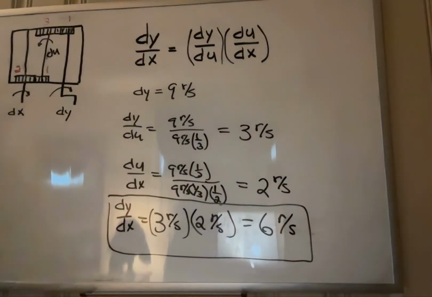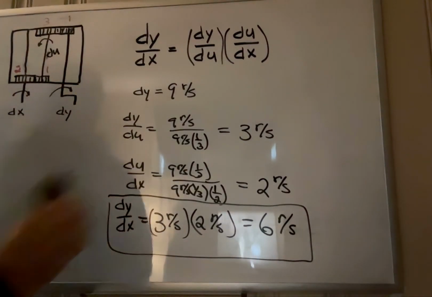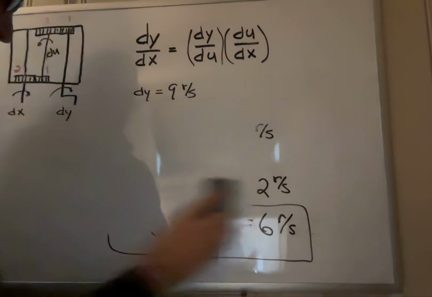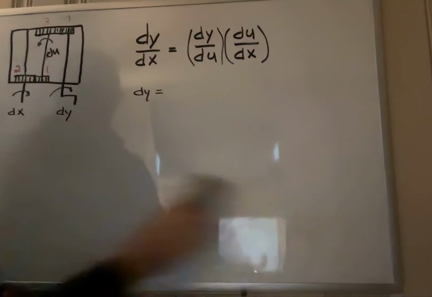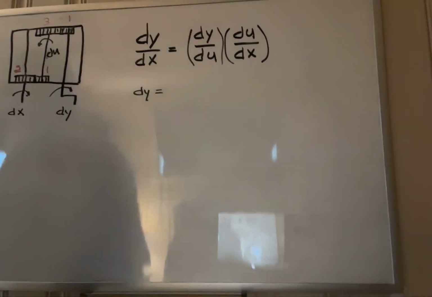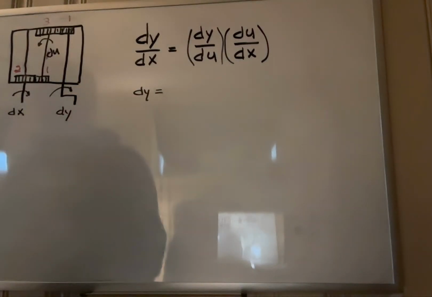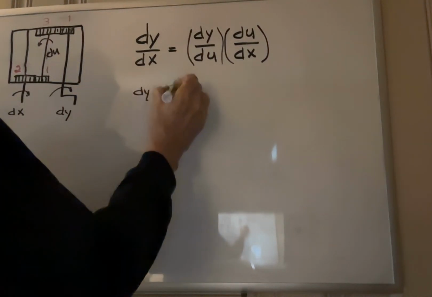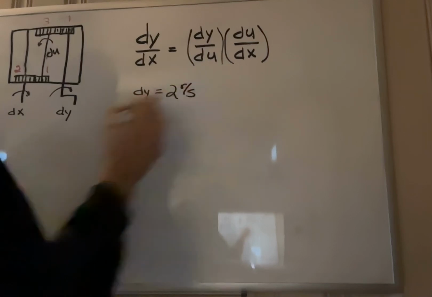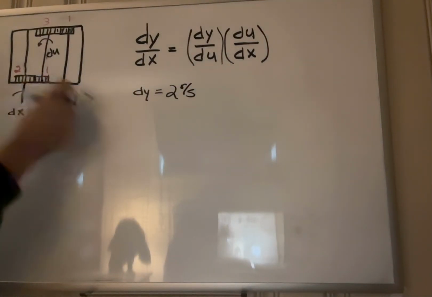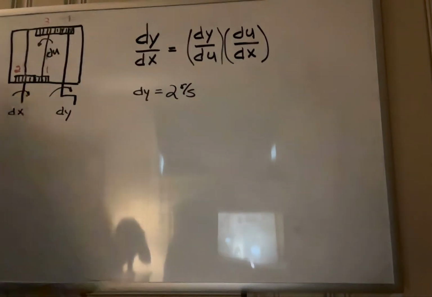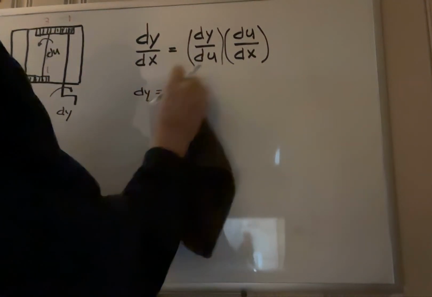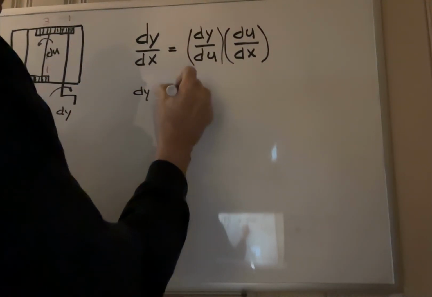Let's see if that's true. Let's spin this at a different rate. Let's say we have dy as being 25 revolutions per second. So now we're taking this little handle here and we're spinning it 25 revolutions per second. I might end up putting a 5 there and make that more mathematically true.